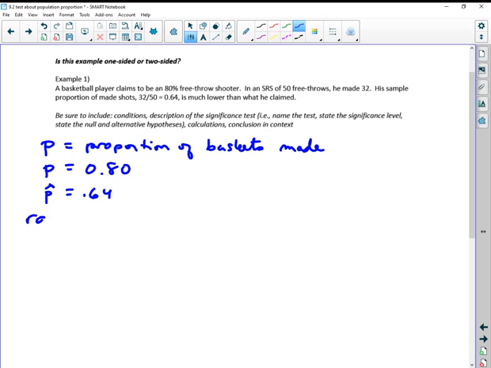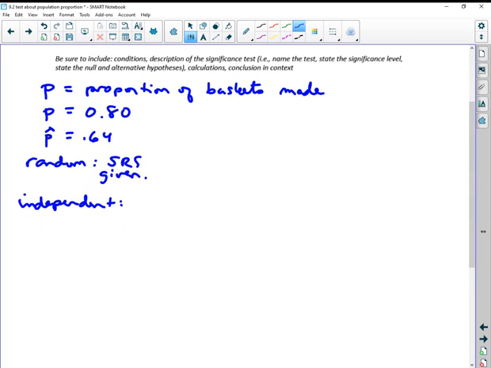So random. It was given that it was an SRS. So that's good. We've met the random condition. We need to meet independence in order to be able to work with our standard deviation of our sampling distribution. So he's taking 50 shots. So that's a good thing.